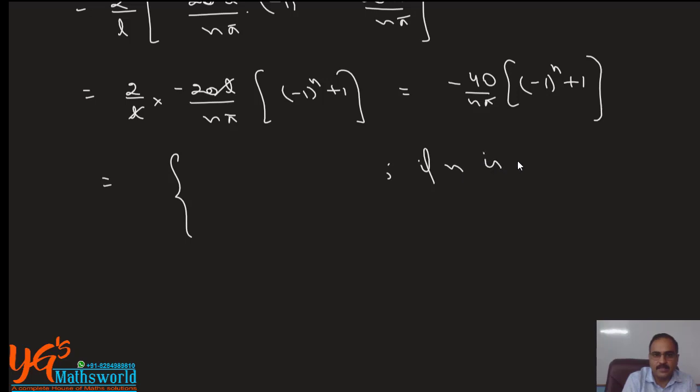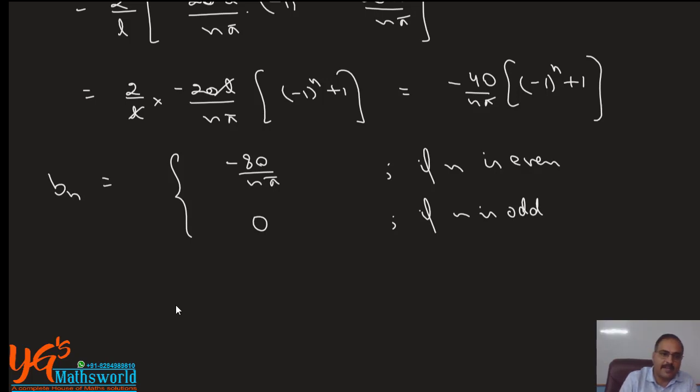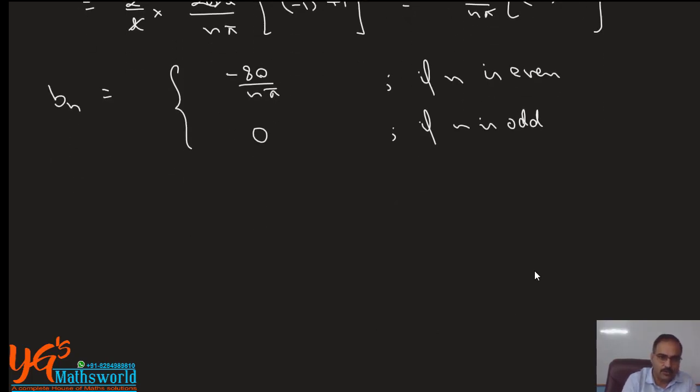If n is even, that is minus 1 raised to 2, so it will be minus 1 squared, which is 1, 1 plus 1, 2. So it will be minus 80 over n pi. And what is the case if n is odd? If n is odd, that is minus 1 raised to 1, so minus 1 plus 1, 0. So these will be the values of Bn depending upon the value of n, whether it is even or odd.